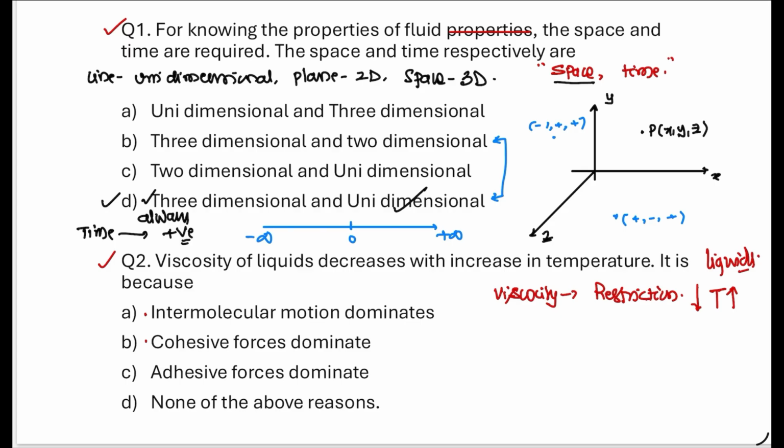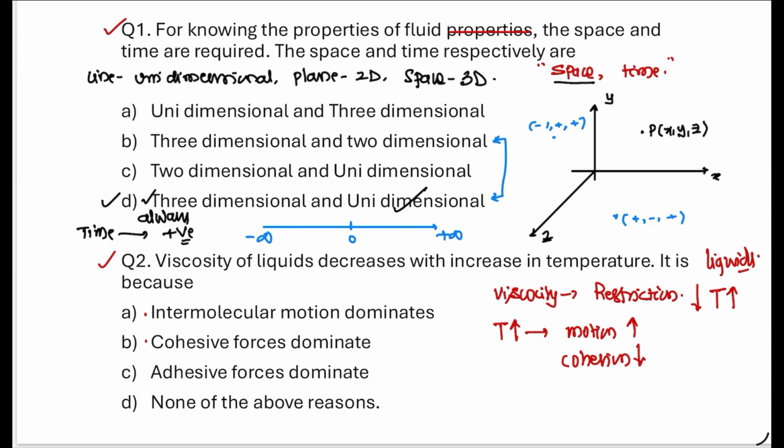When temperature increases, what happens? Cohesion decreases. When temperature increases, intermolecular motion increases and also cohesion decreases.